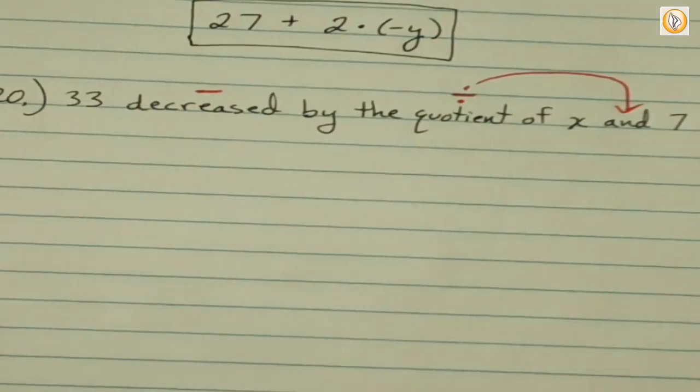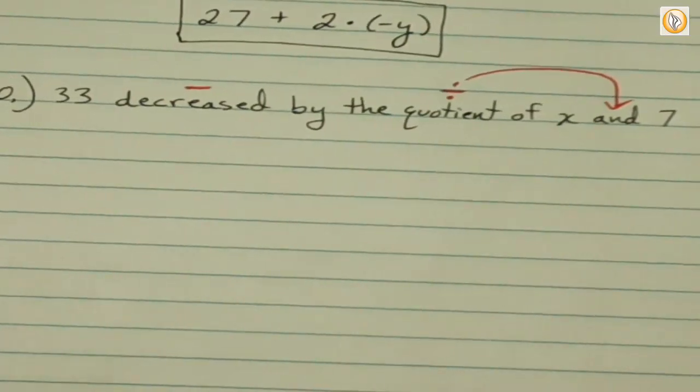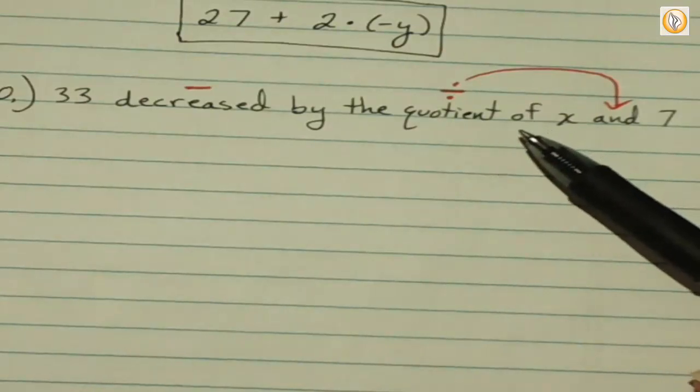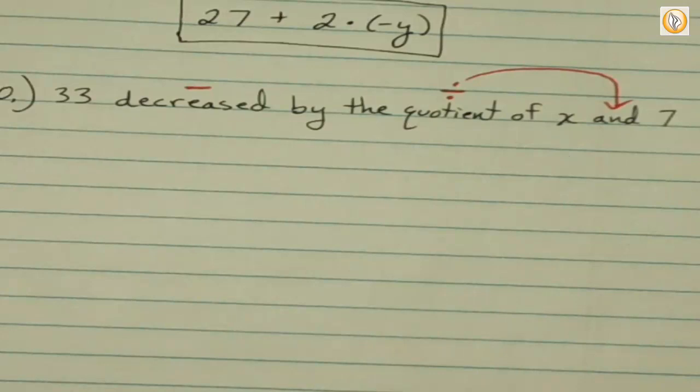You may not do great on these math problems, but are you going to pass math class? Yes. Are you going to pass Algebra 1 and even high school? Yes. Are you going to be able to get a job and have a family and survive later in life if you don't remember when to do of as multiplication? No. You're going to be fine. So if you're stressing out over this, it's okay. It's only a little portion of the entire year. Does that make sense? So don't panic if you struggle.